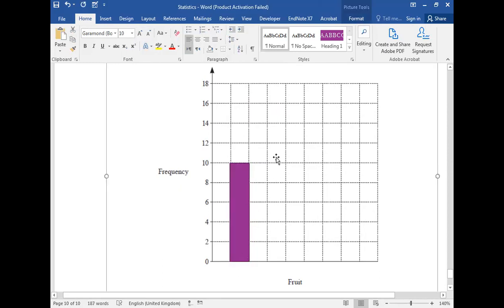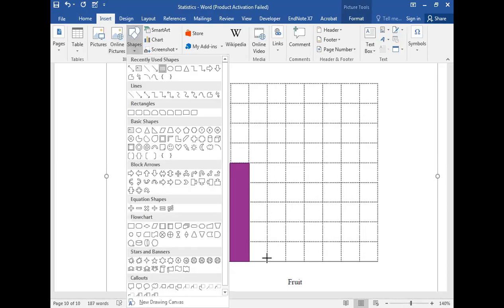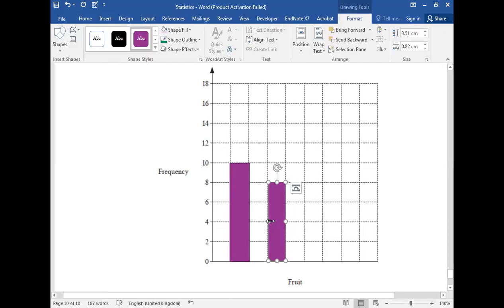The first one is apples, then the second one, bananas. And what is the frequency for bananas? 8. You just write their names at the bottom. यहाँ पे लिख दो apples, bananas, and what is the third one? Orange. And what is the frequency for orange? 12.